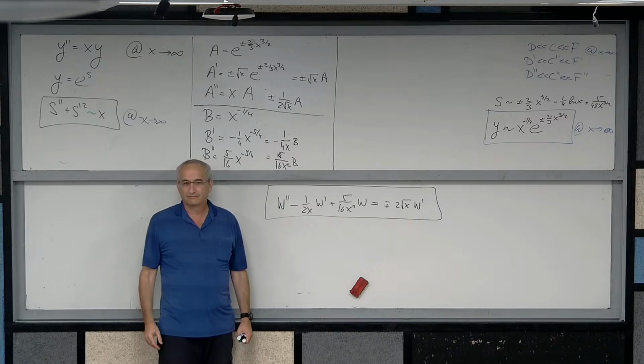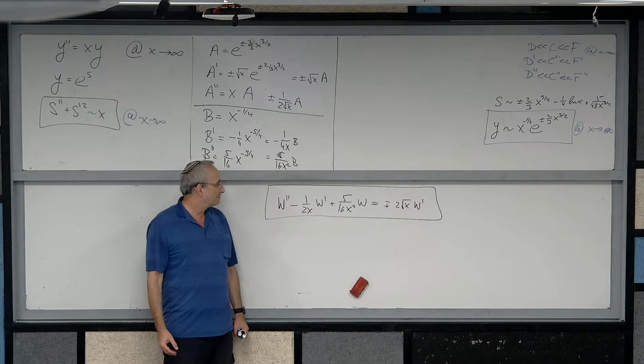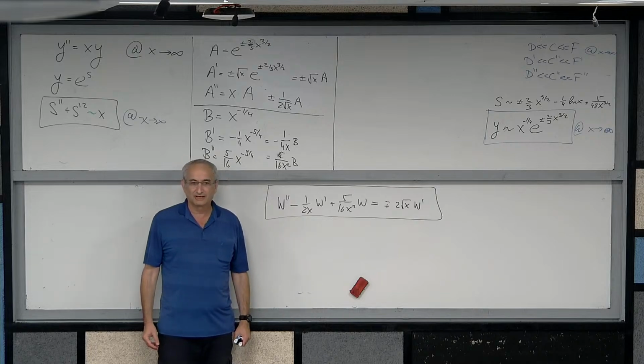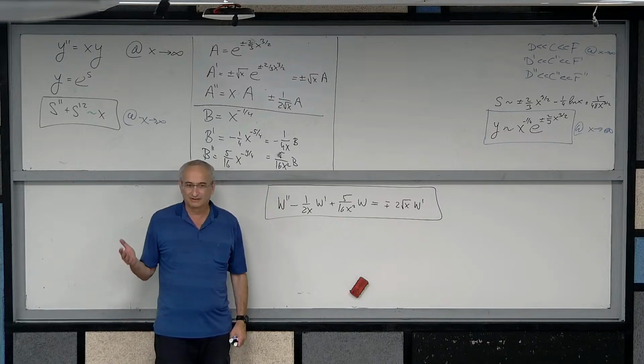You can develop a series. This is a solvable equation, of the Frobenius type, because it's equidimensional. And for every equidimensional equation, you know that the substitution W going like x to some power will solve it.